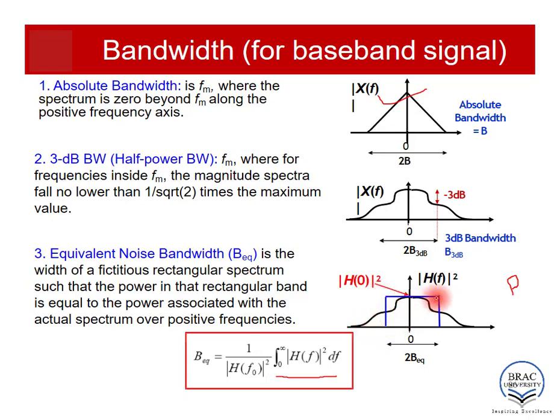Now as it is a rectangular spectrum, the integration is quite straightforward. We just get this value multiplied by this bandwidth. As we know this value, to get the equivalent bandwidth, we just need to divide the total power by the square of this amplitude.